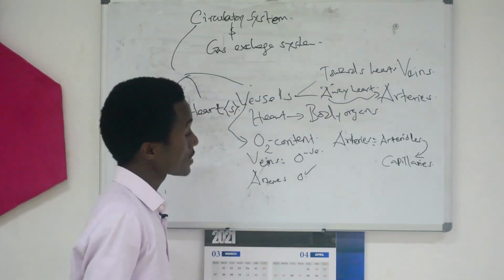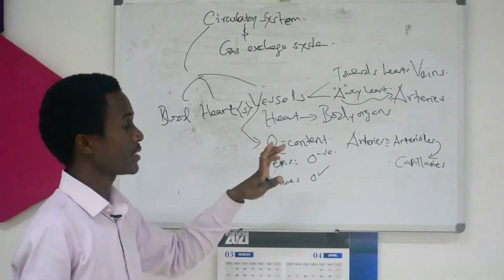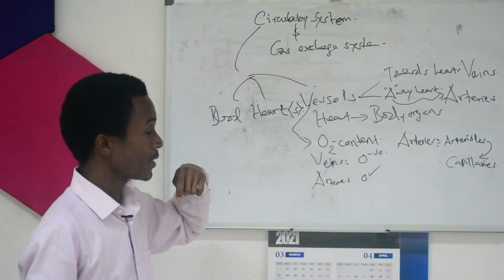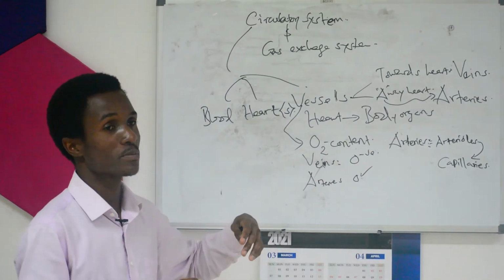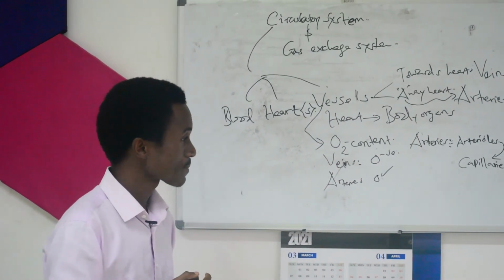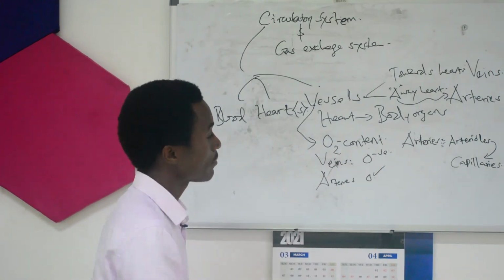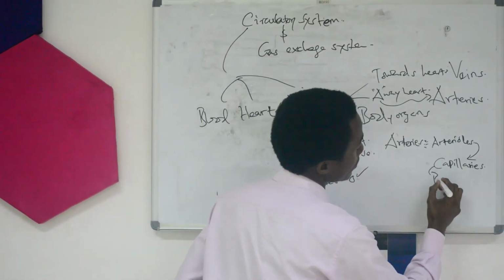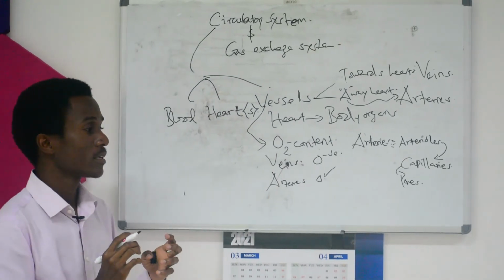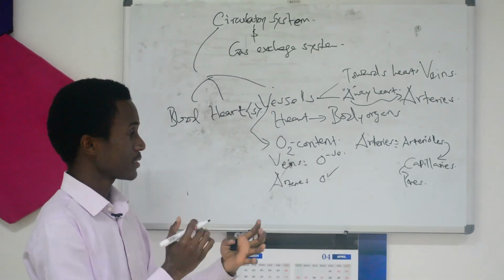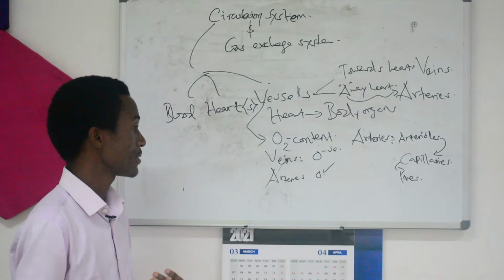Capillaries are exactly the site where exchange of materials, or specifically chemicals, takes place. Because capillaries are porous, they have pores in them, and they facilitate the exchange of materials.